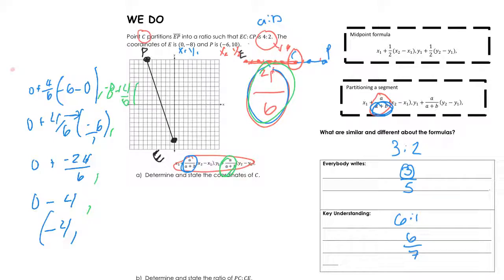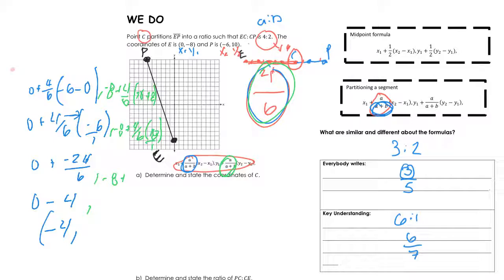And y2 minus y1. y2 is 10 minus negative 8. Well, that's a double negative, so that's a positive 8. So it's negative 8 plus 4/6. 10 plus 8 is 18. So it's negative 8 plus 4/6 times 18.